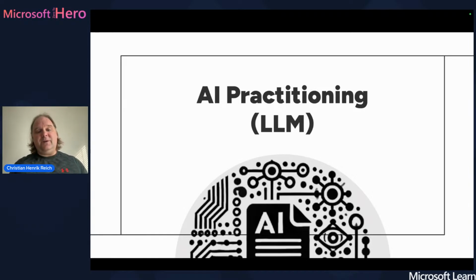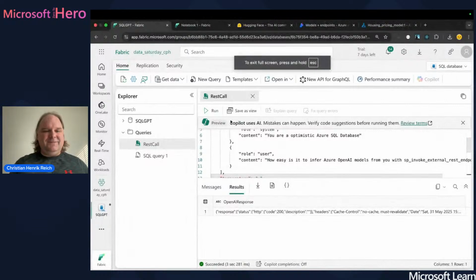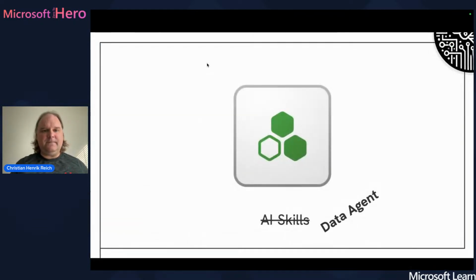Copilot can be funny as well, but as developers, we like to build things. Microsoft started with something called AI skills, and now it's called Data Agent. And people can probably see where this is going. Let me show you something. Just need the right browser.